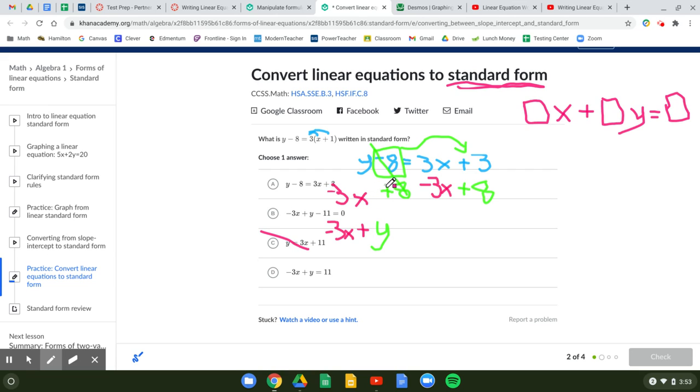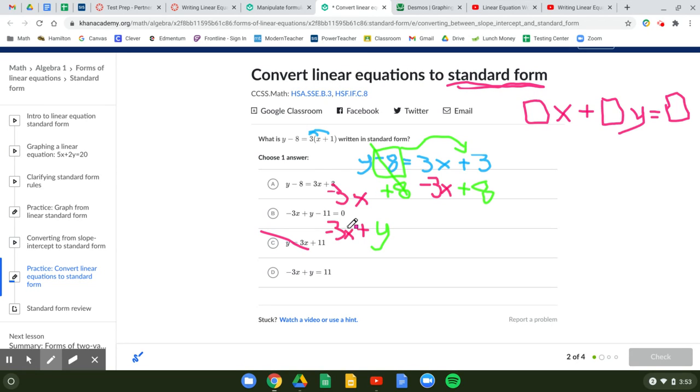Because even though this is being subtracted, the y is positive. And whenever you're looking at something, the sign in front of it tells you that thing's like positive or negative value. This is a positive y. There's nothing indicating this y is negative, so it gets a plus sign there.